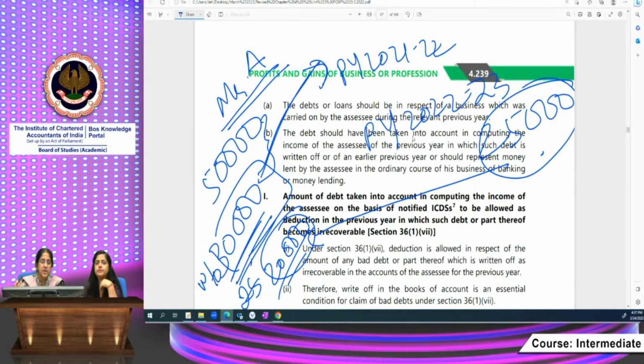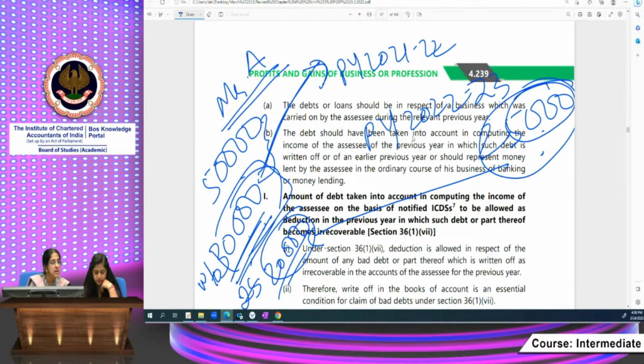There's no requirement of any treatment. But as regards the remaining 5,000, anything over and above 20,000, I've written it off as bad debts. So when I'm recovering 5,000, that will be taxable as my income.